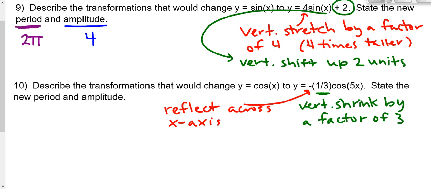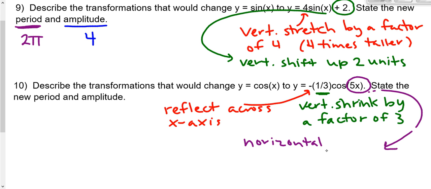And then how about the 5 in there? Instead of x, we have 5x. So what's that going to do? Remember from the last part of the lesson that if you multiply inside the function, you're going to horizontally stretch or shrink it. And remember how I gave you the way to think about it as a roller coaster?